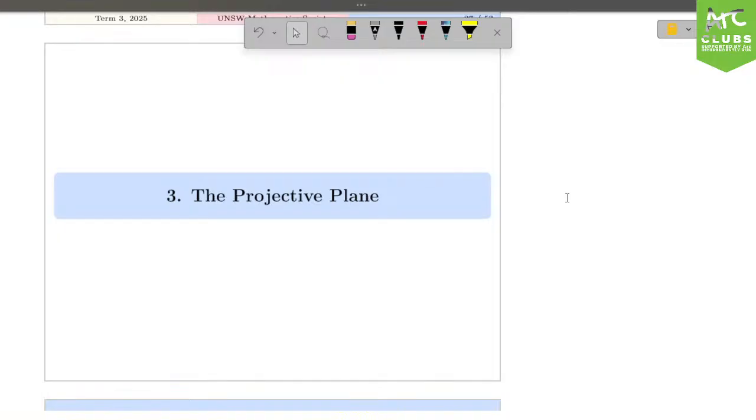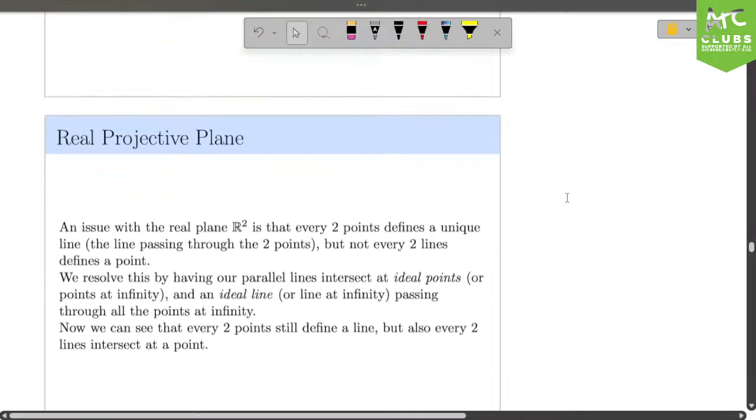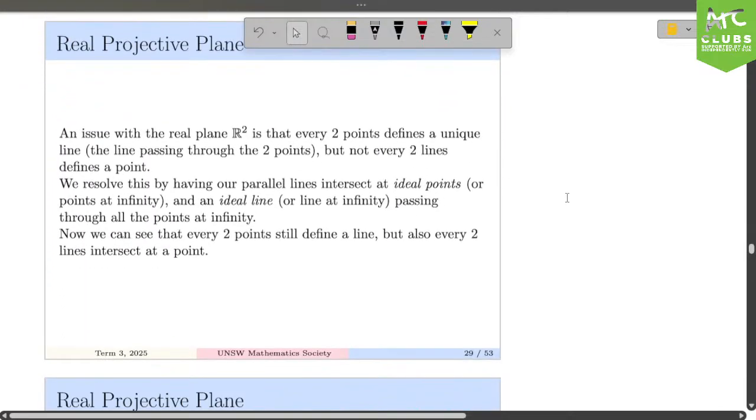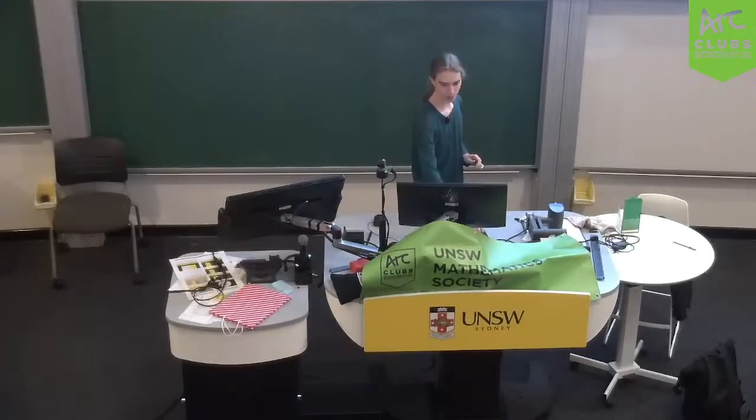It is time for the projective plane then. Projective geometry is the art of trying to build intuition and then just sacrificing it completely. So, R2 has a bit of a problem.